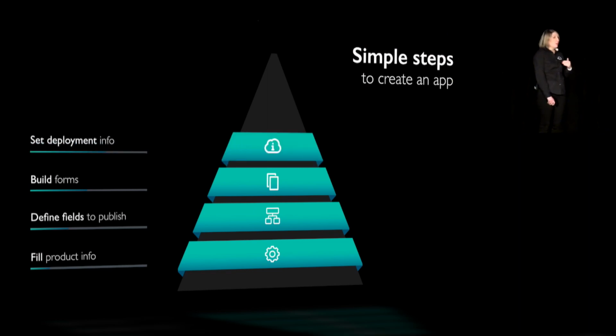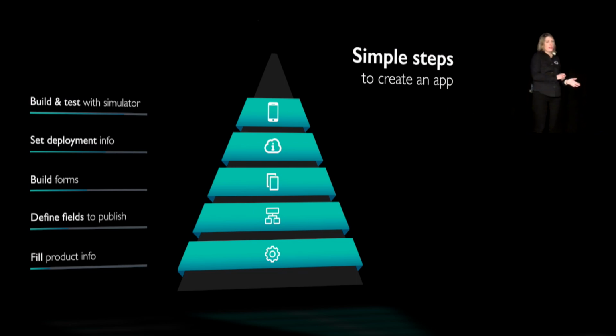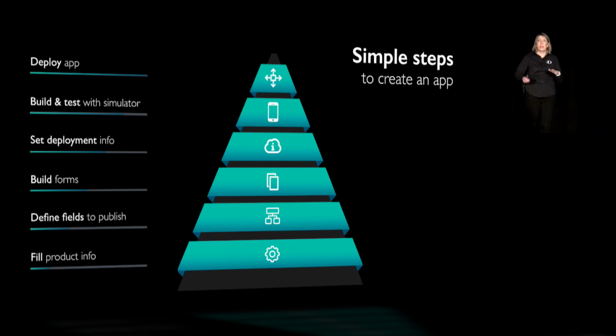Next, you define the deployment information, such as the 4D server production URL. And when all this has been done, you generate the mobile app in a single click. You test it in the simulator. And once you're happy with it, you can upload it to a real device to test in real conditions. And finally, you can deploy your app either in-house or through the App Store.